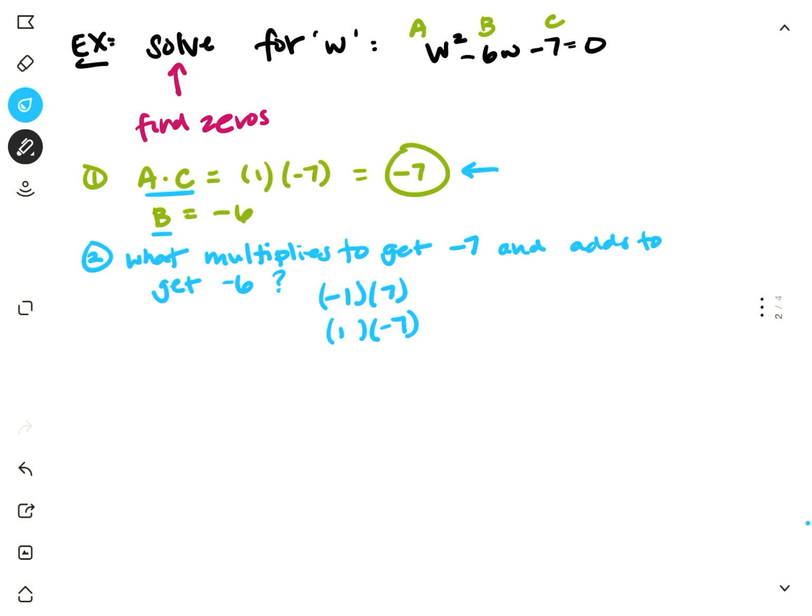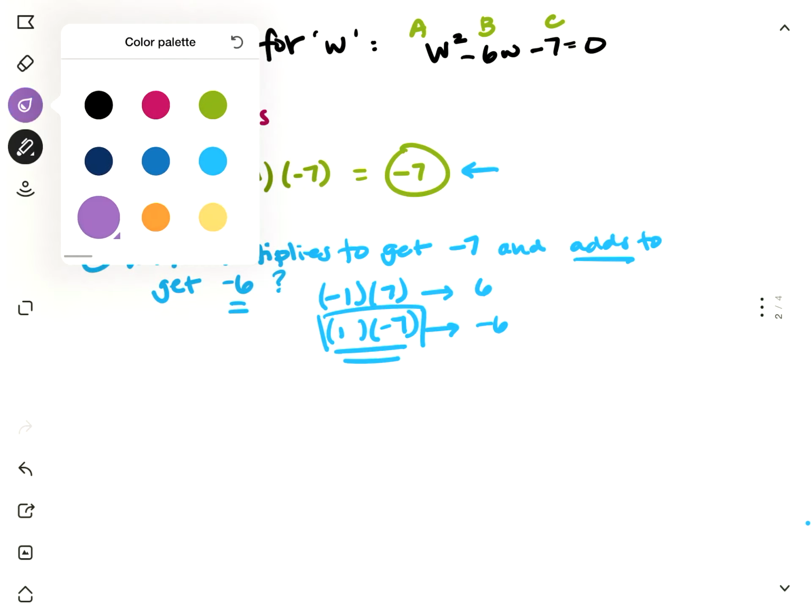Of these two, which one adds to get negative 6? If we add negative 1 plus 7, we get positive 6, which is not quite right. But if we add 1 plus negative 7, then we get negative 6. So this is the one we're looking at: 1 and negative 7.